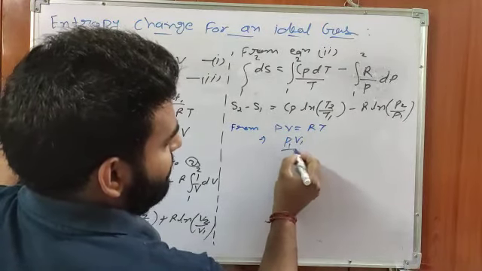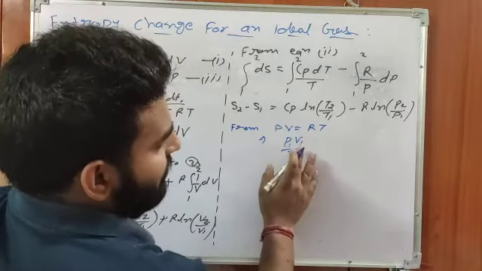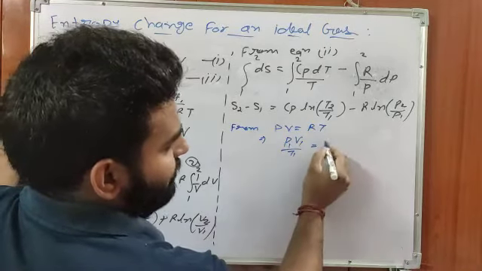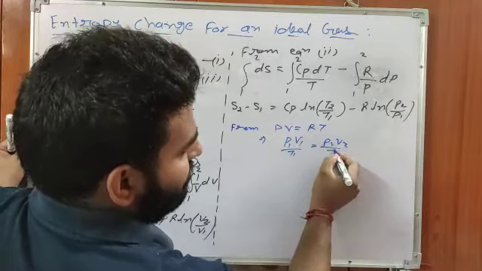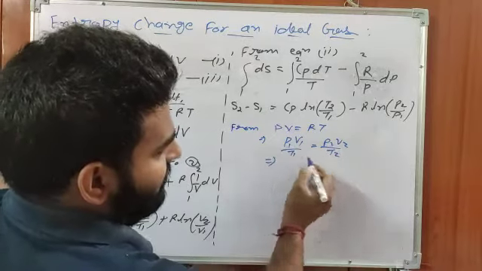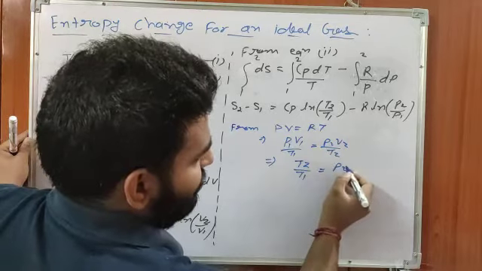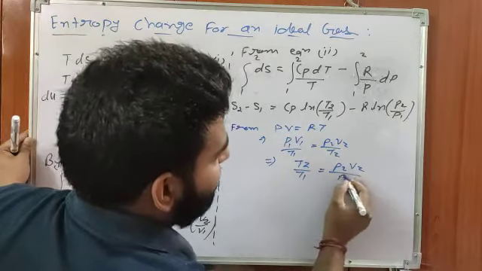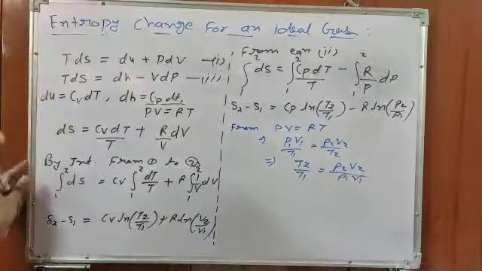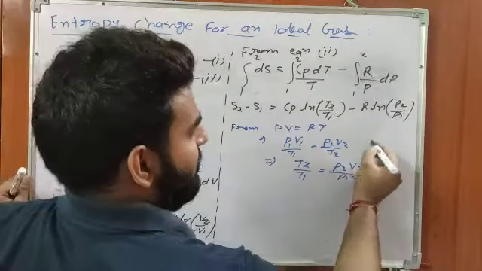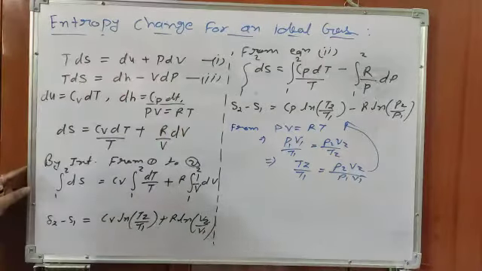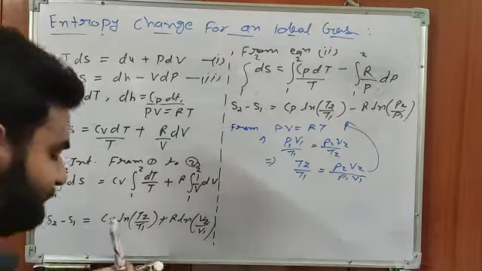P1 V1 upon T1 is equal to P2 V2 upon T2. Rearranging this, T2 upon T1 is equal to P2 V2 upon P1 V1. Now put this term in place of T2 divided by T1.